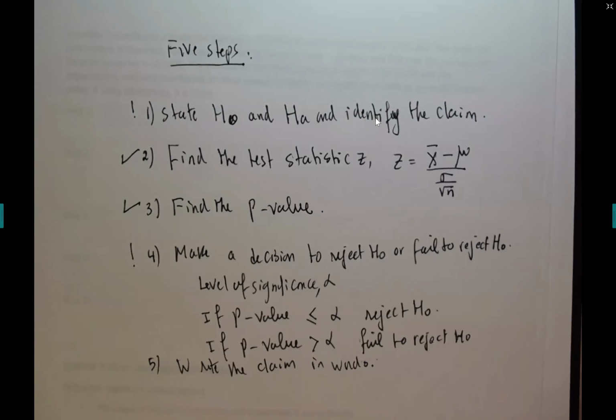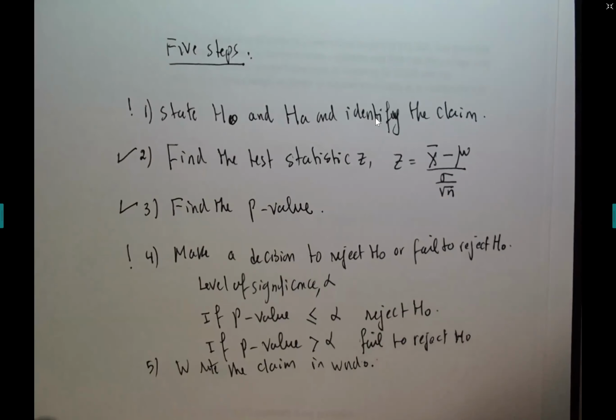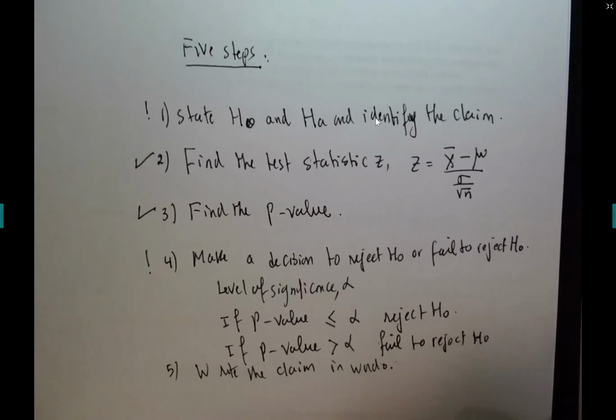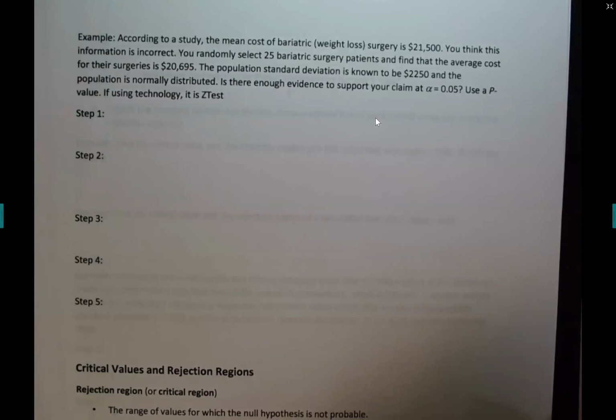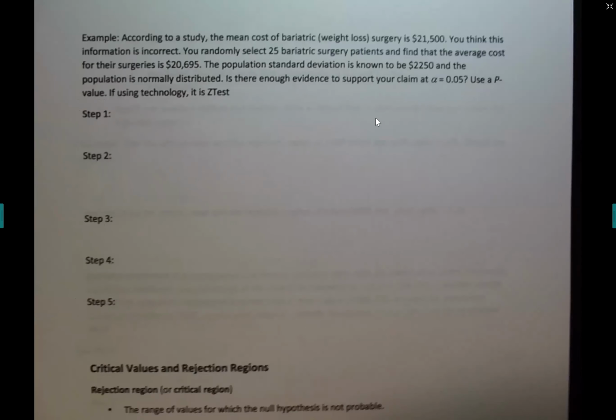And this is what we're going to learn today. We have to do some practice to learn how to do this. So without any further ado, let me just take you to an example and show you how to complete those 5 steps. Have your calculator ready, guys, and I'm going to show you how we can do this using technology.